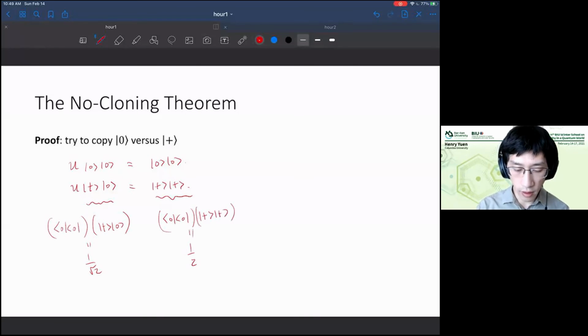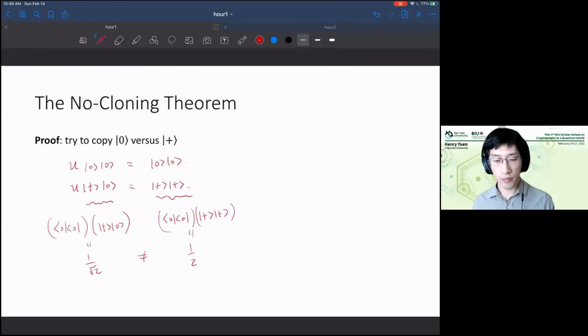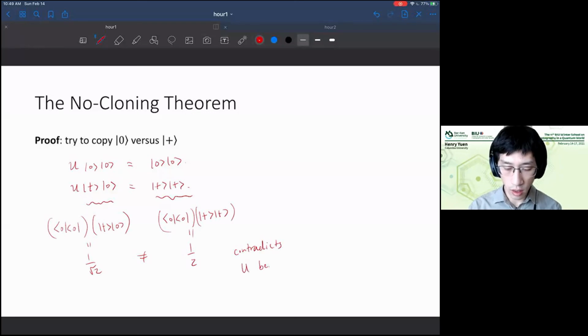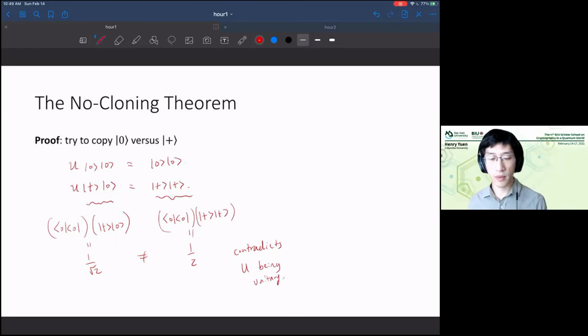This is 1/2, right? So these are not the same numbers, and therefore this is a contradiction. So this contradicts U being unitary. This is a way to prove the no cloning theorem.